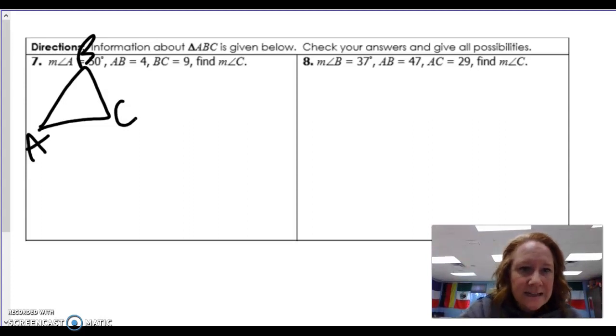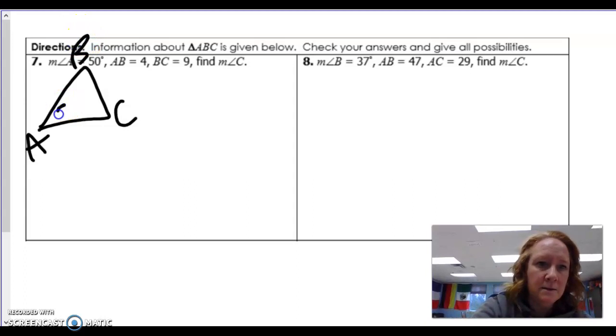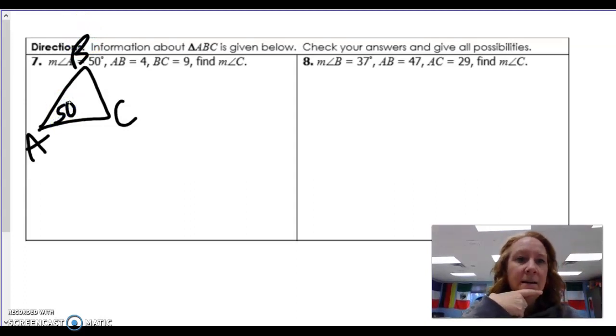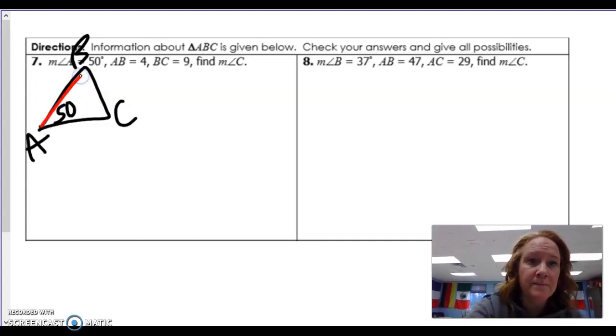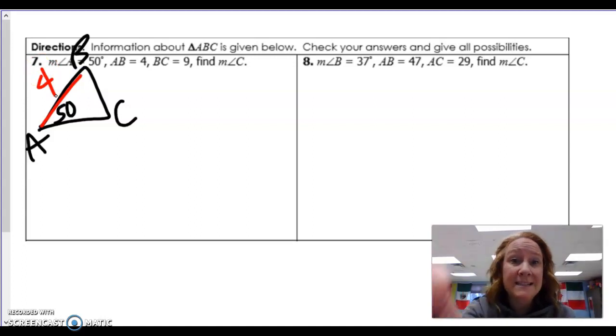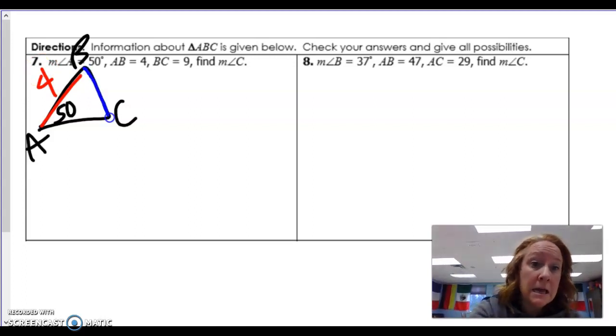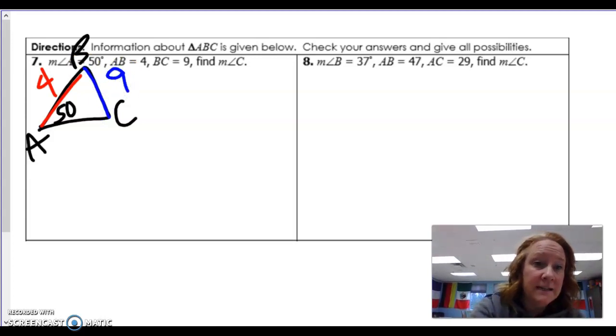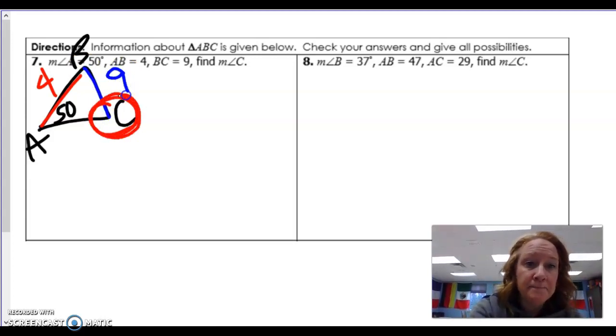Okay, so does that say that angle A is 50? Yeah, so I'm going to label that. A is 50. AB, that's right here, is 4. BC is 9. And so I want to find this right here.